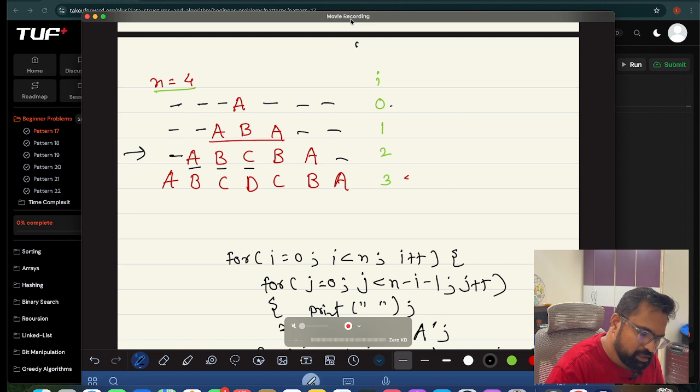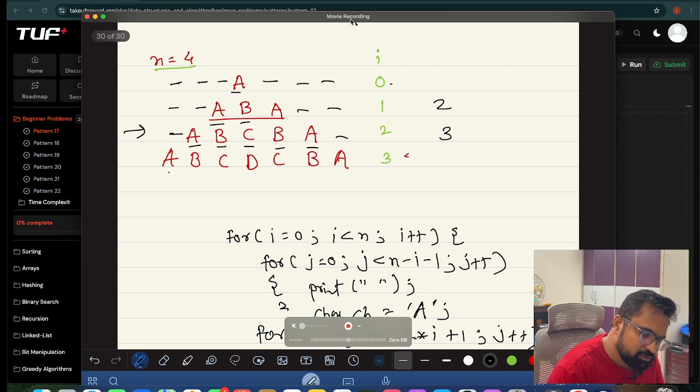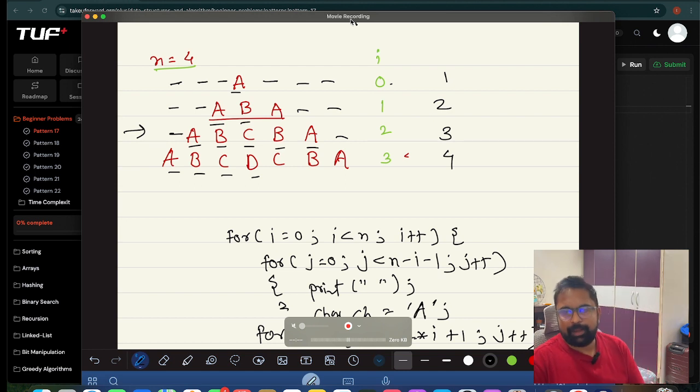ABC, then BA. Then here after two characters we are decrementing it, here after three characters, and here it is only a. And in this case, after four characters, 1 2 3 4, we are decrementing. So after these many characters we are decrementing.